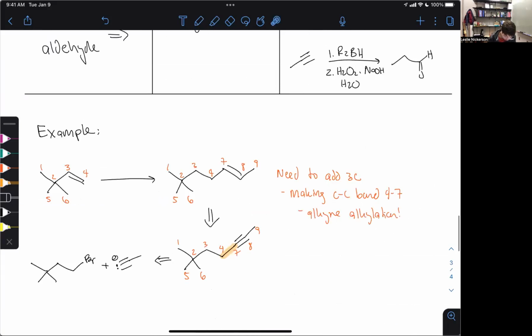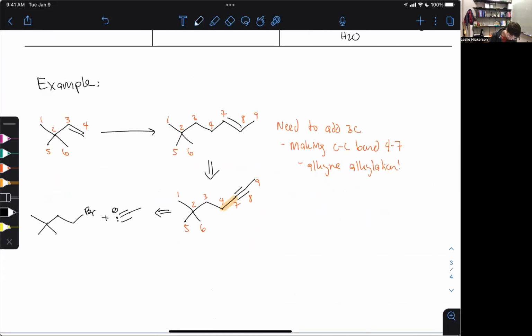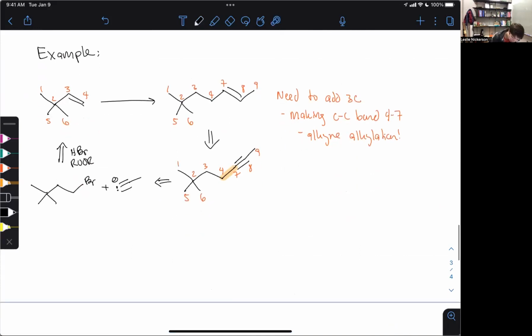So if I can think of some way to go from this alkyl halide to that alkene, that's going to be just finished, right? So this is definitely one where we can do the HBr with peroxide and have our bromine installed on the least substituted side of that alkene. So this is going to be my retrosynthesis.